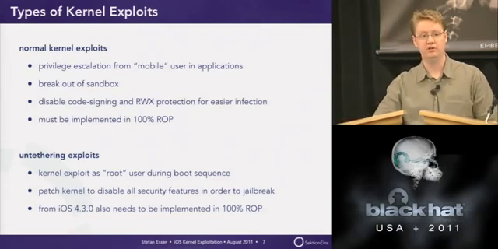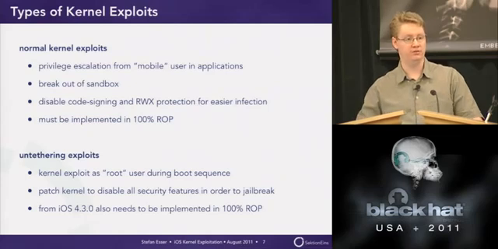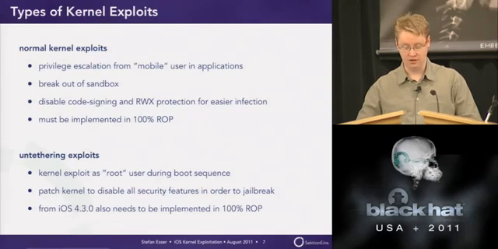The problem here is it must be done 100% in return-oriented programming, because you can't just upload code and call mprotect to make it executable. Well, in the newest iOS versions, there's dynamic code signing in Safari and so on. You might abuse that, but in the older versions, it's not required.